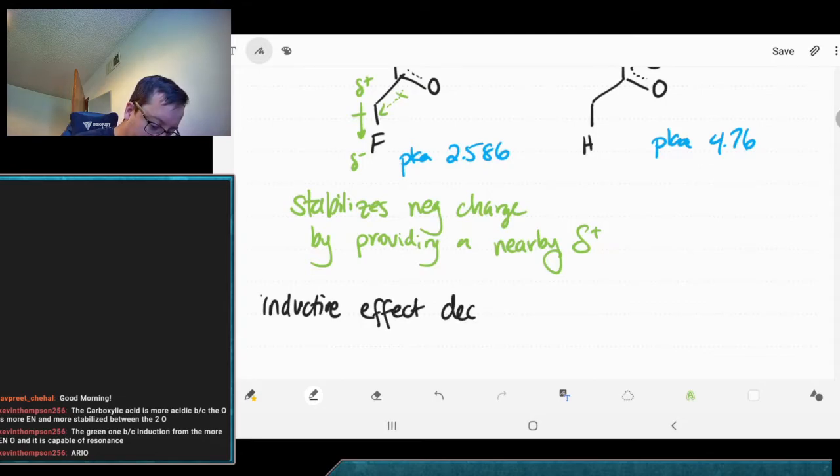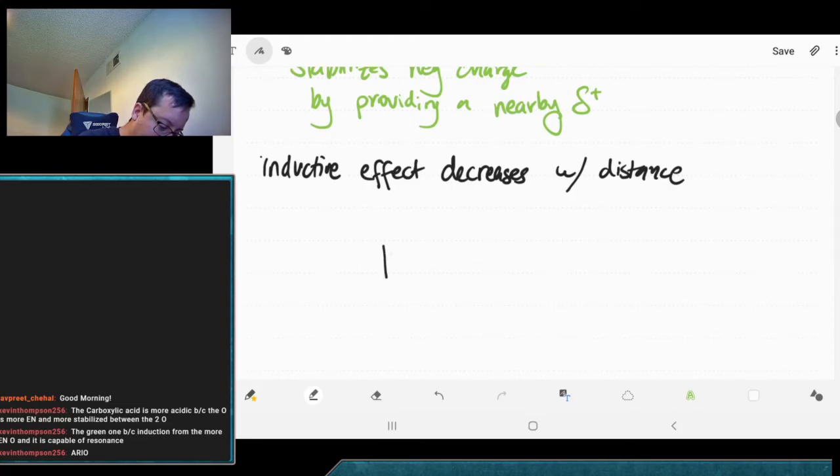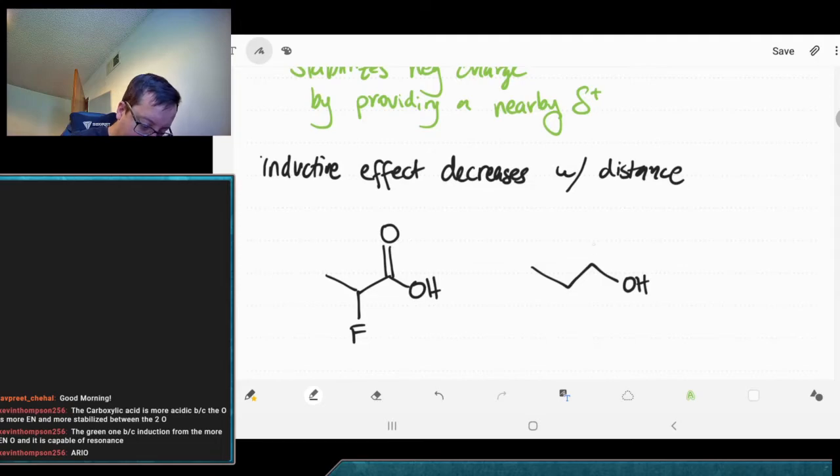So we're going to see that this inductive effect decreases with distance. So if we are comparing, we'll even make these propionic acids now. We're going to see, well, both of these have the fluorine pulling electron density towards itself.